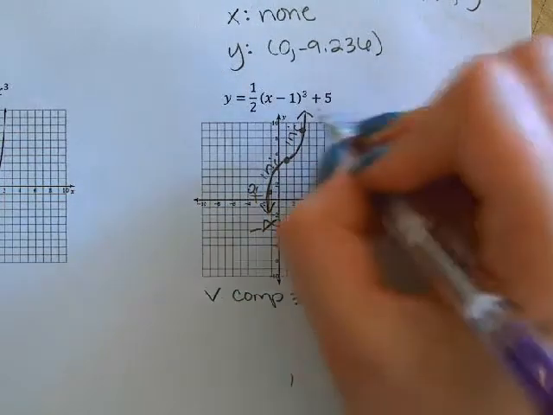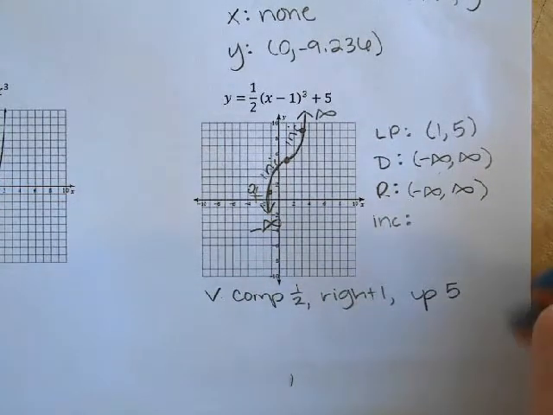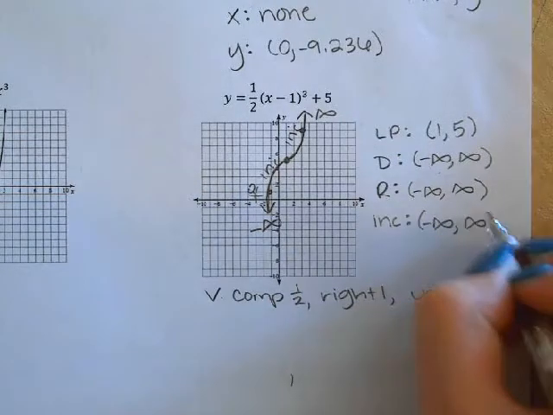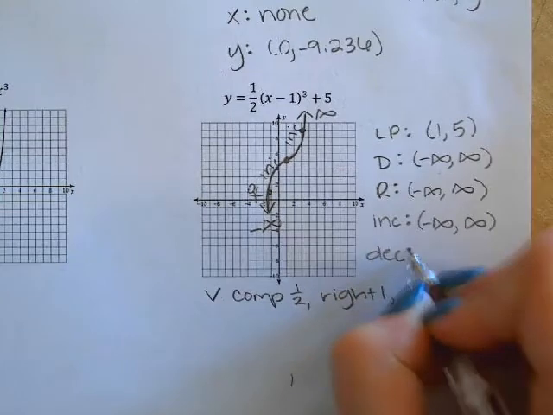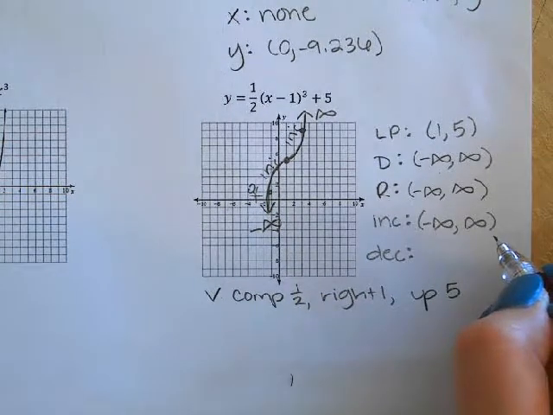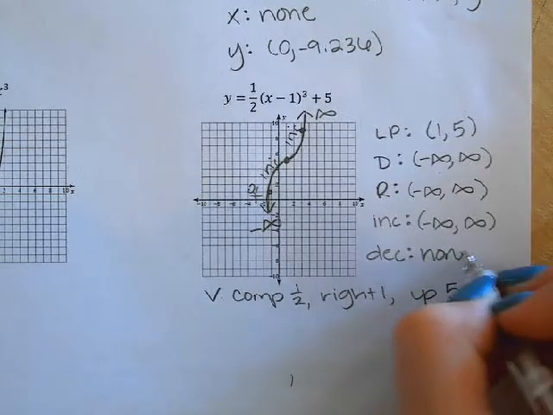Infinity. Okay, so for increasing interval, we're going to write negative infinity to positive infinity. For decreasing interval, we're going to write none. There was no part where he went down.